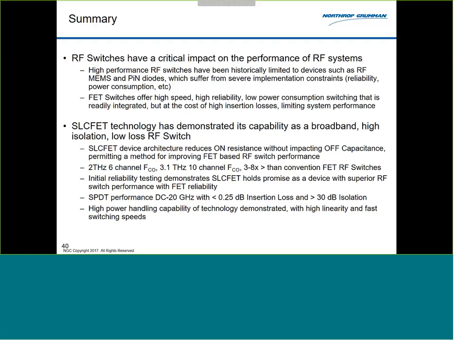From a current density standpoint, our current density is 2 amps per millimeter. In terms of how much periphery you use, that's really going to depend on the capacitance that you can tolerate for the frequency that you're asking about. For example, that SVDT that I was showing you is designed to work out to 20 gigahertz.